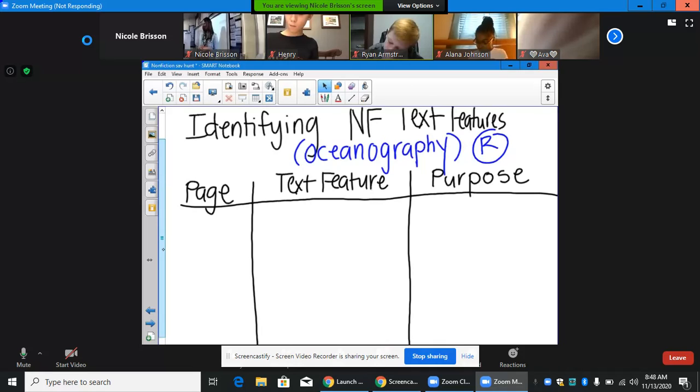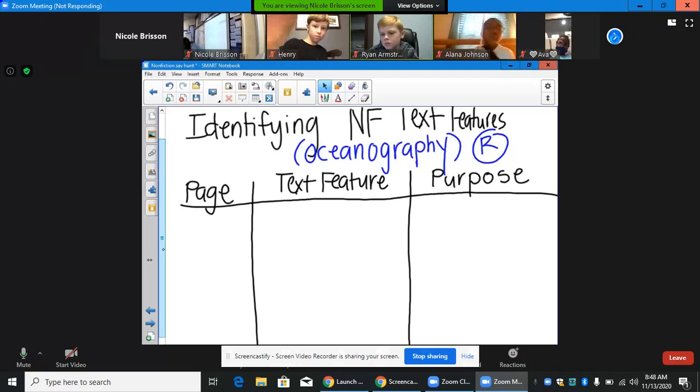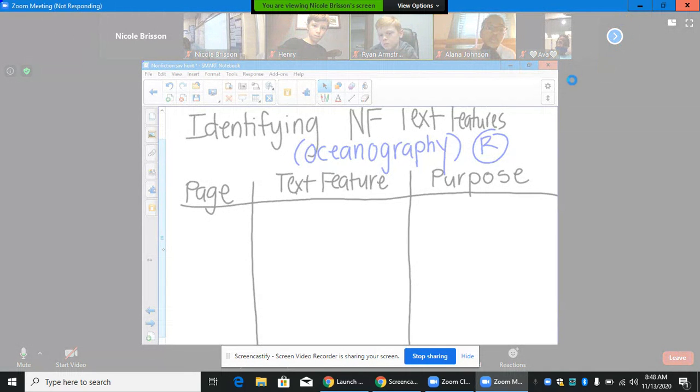Can you put your pencil up in the air when you're done drawing your chart? My friends at home, please put your pencil up in the air when you are done. Good. Looks like we're almost done.